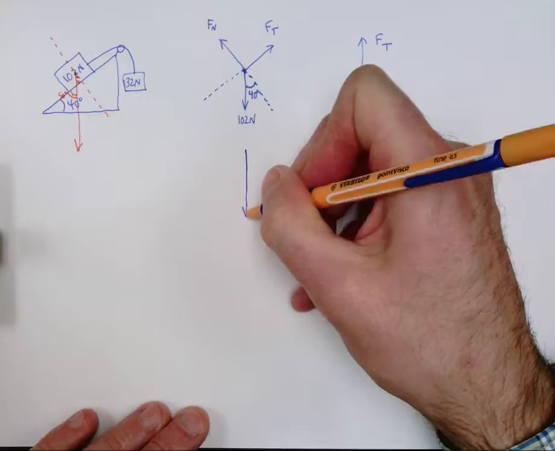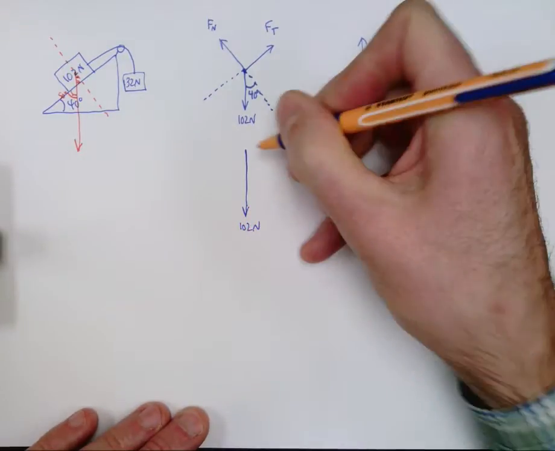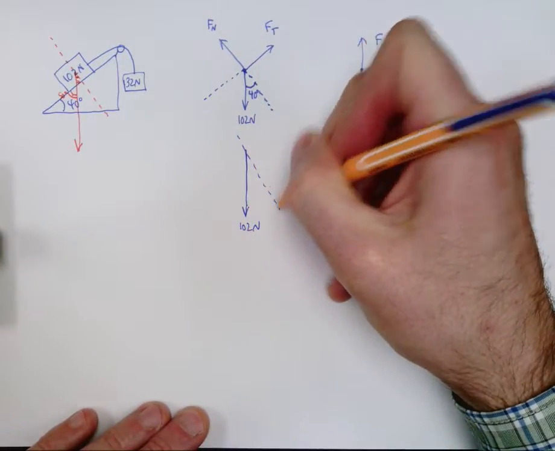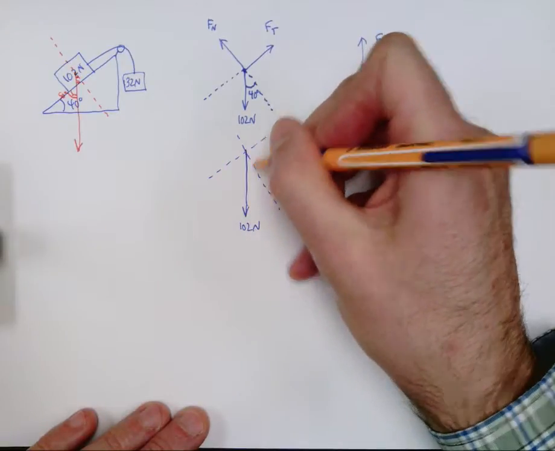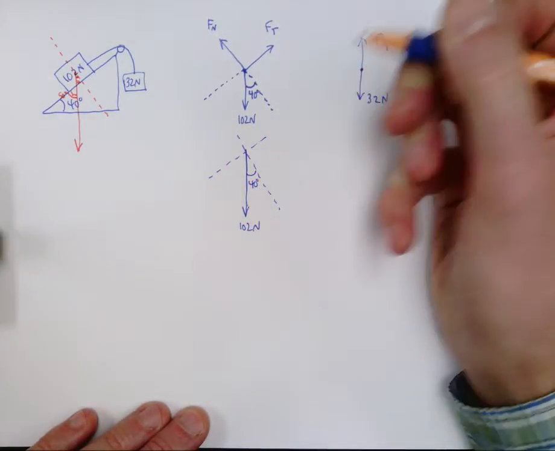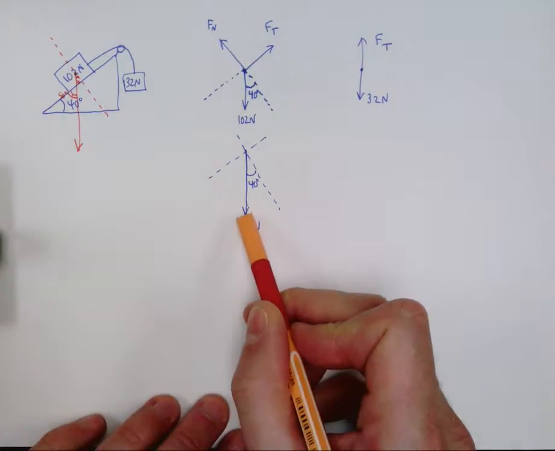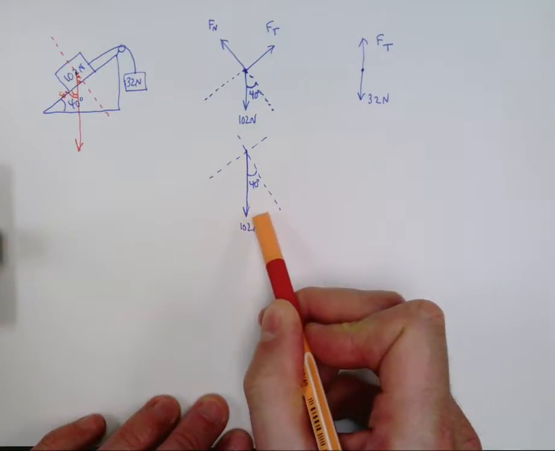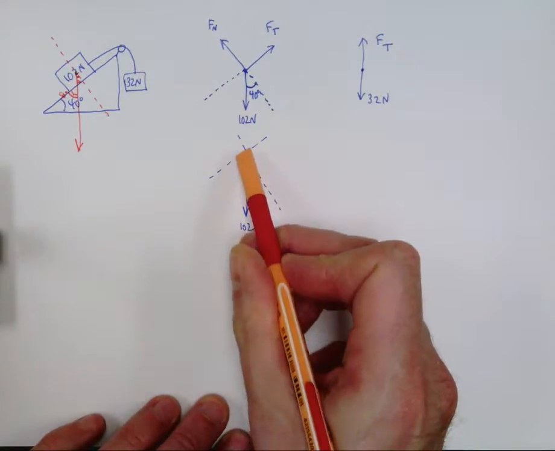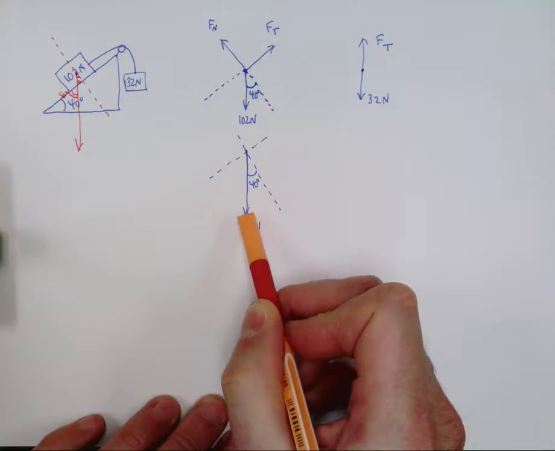So there's our 102 Newton weight vector. And here's the y-axis, and here's the x-axis, and here's that 40-degree angle. Sometimes people have a hard time knowing how to draw the x and y components. Sometimes people will draw it like this, and so this weight vector is actually not the hypotenuse.